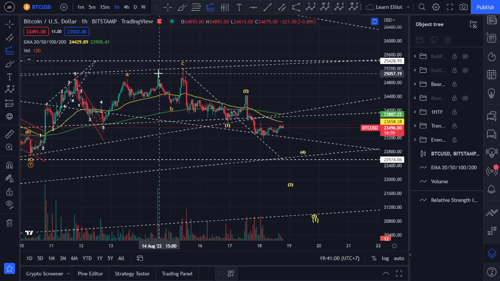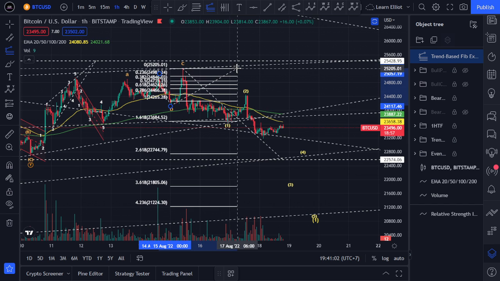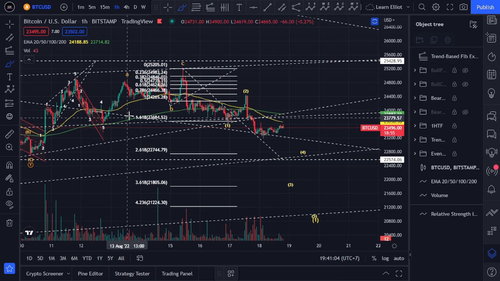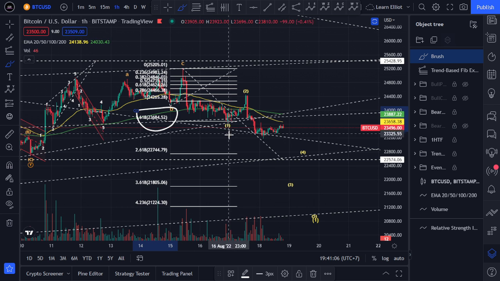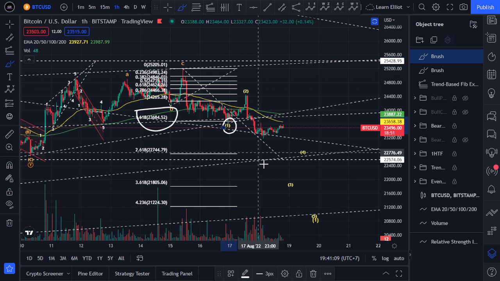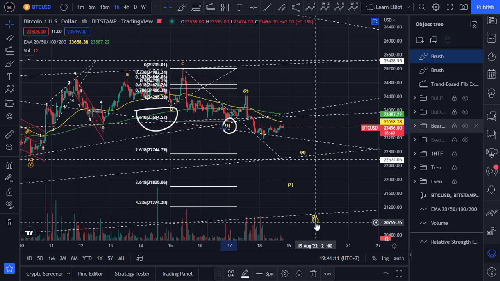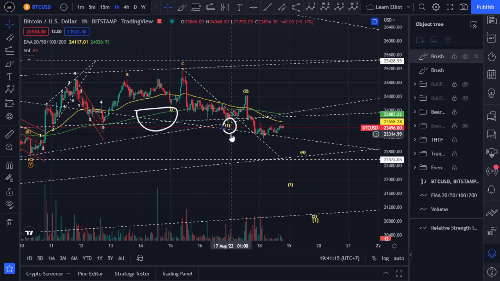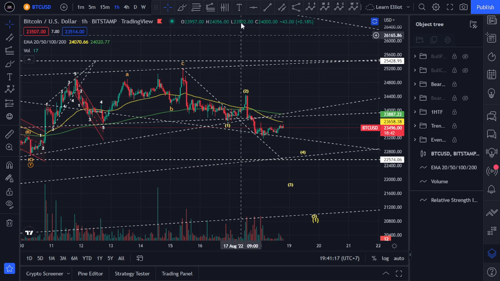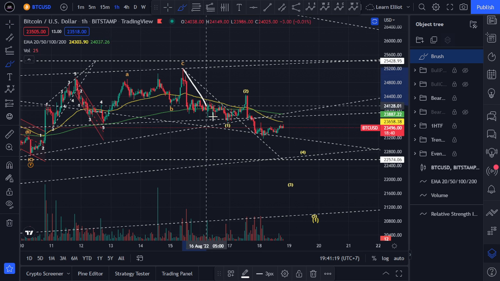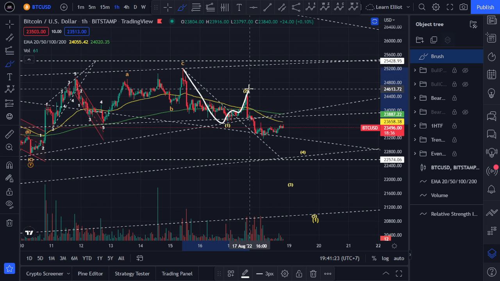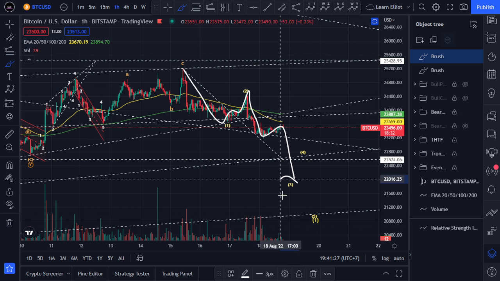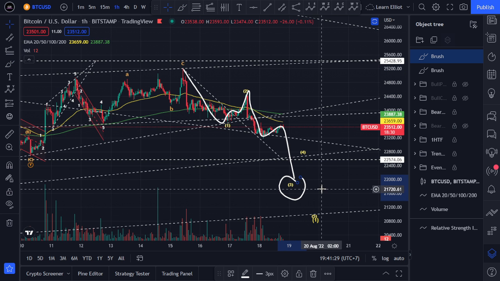If we count it directly from here, we have this 1.618 Fibonacci retracement as our sub-micro impulsive move down to complete the first wave here. So now assuming that we have the first wave, and this is a nice corrective pattern A, B, C to complete the second wave, we are now heading to complete the third wave in this bear case scenario.